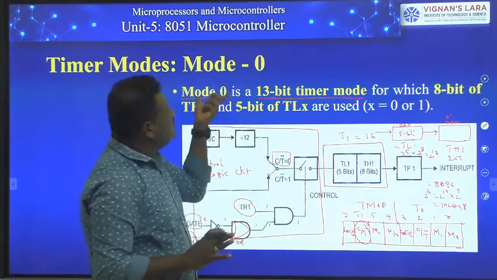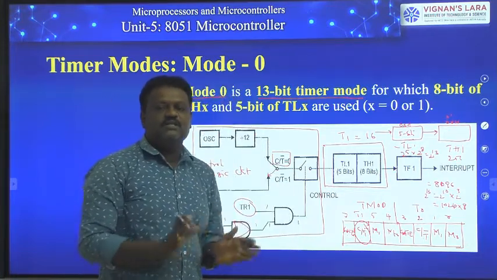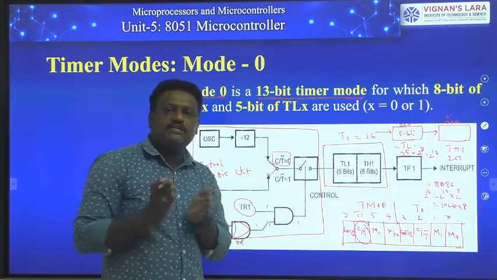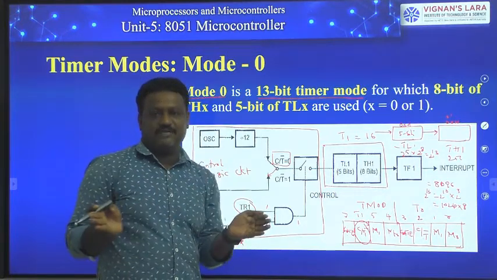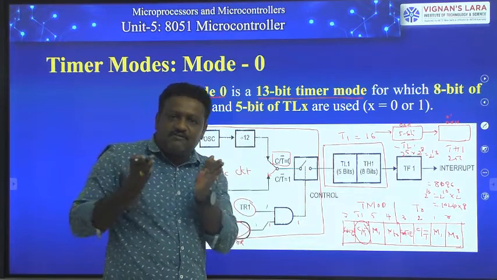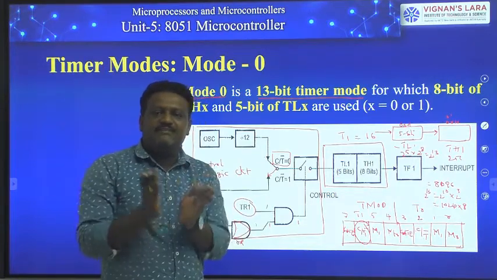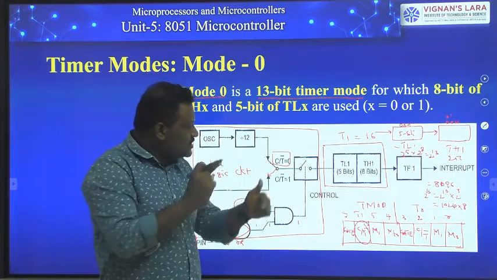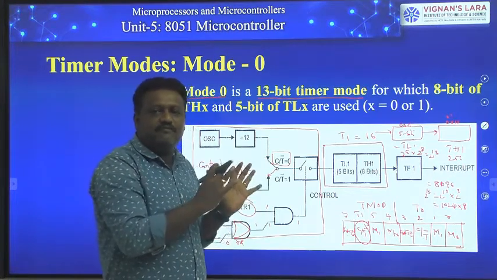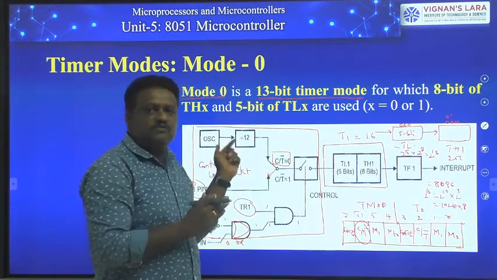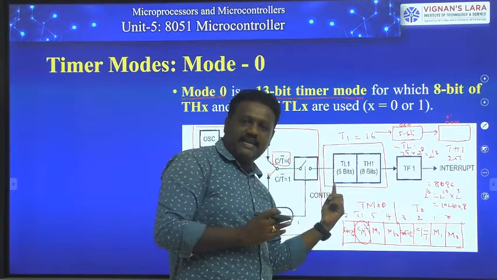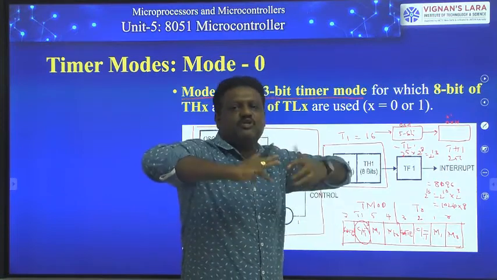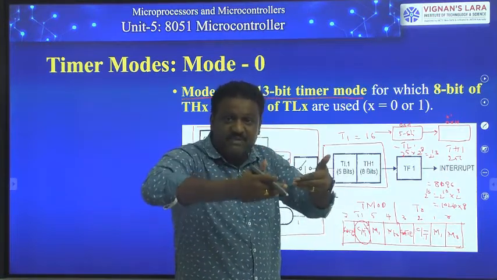That means in this mode 0 operation, your timer, either T1 or T0, counts 8K clock pulses. That means it starts counting from 0 and ends at 8191 clock pulses. Once it counts this many clock pulses, it receives one more new clock pulse. What happens is both TL as well as TH roll over from maximum to minimum.